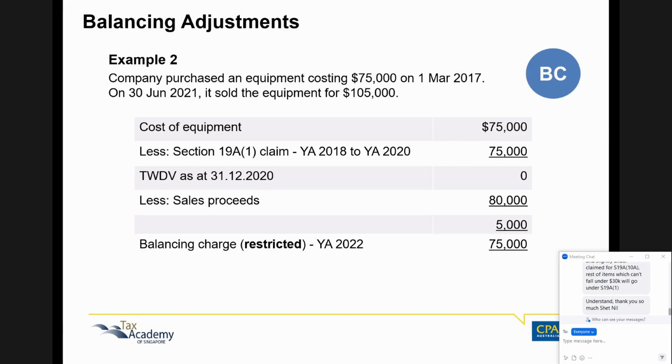Even though my sales price is 80,000, the balancing charge will be restricted to the CA that I've been granted previously. The CA amount that I've been granted previously is $75,000. So my balancing charge is $75,000, not the $80,000 of sales proceeds. This charge is an income I have to add back, and it's taxable.